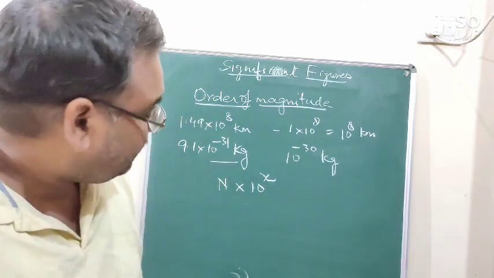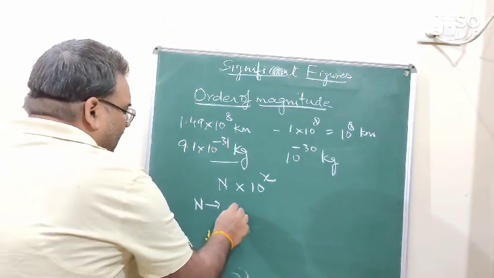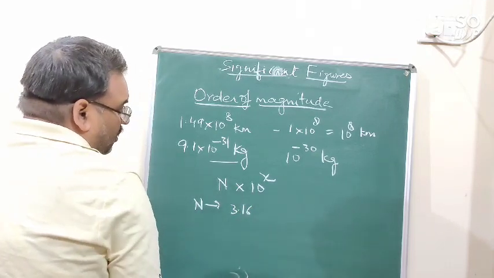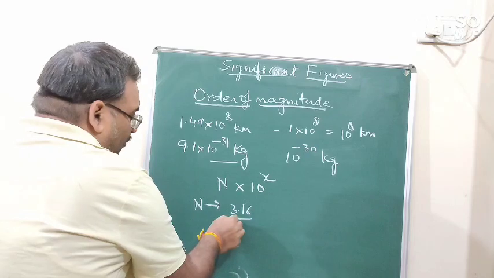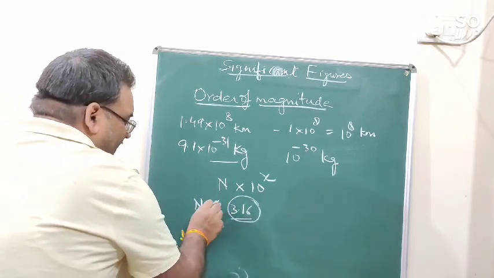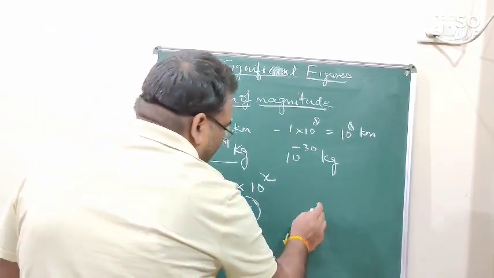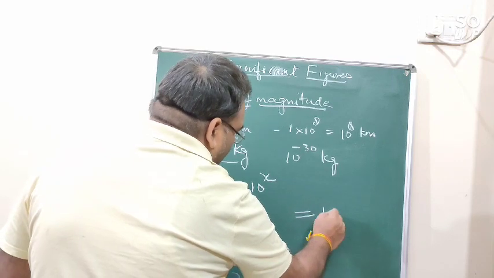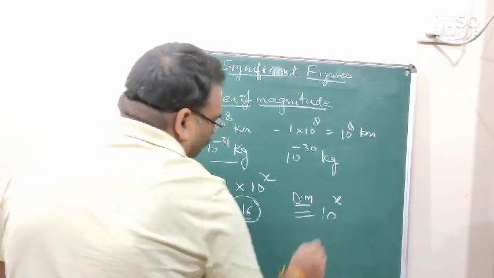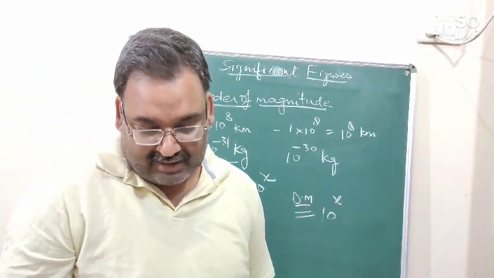Now the order of magnitude depends on the value of n, with 3.16 as the dividing value. So if n is less than 3.16, then the order of magnitude will remain 10 raised to power x only.